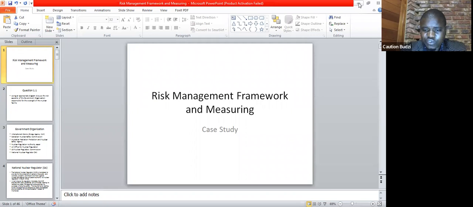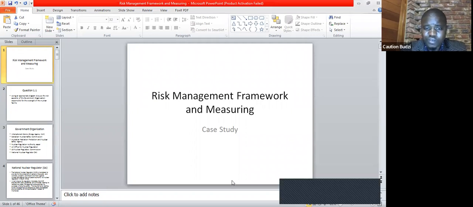Today we are going to discuss the risk management framework and measuring, with a case study. I hope everyone is hearing me. I had some network challenges, but I eventually connected.